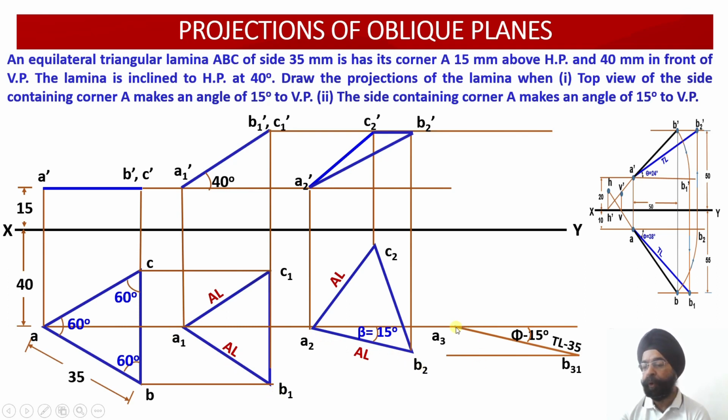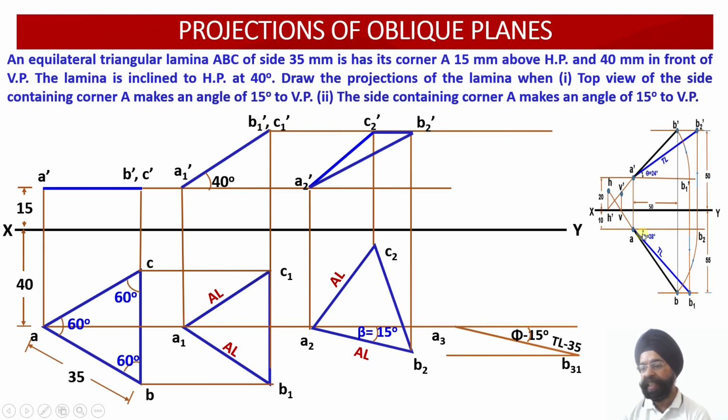So I'll put my compass over here, needle, and open the arc which is equal to A1 B1, which happens to be the apparent length of the edge of the equilateral triangle which is passing through the corner A. So through A3 I have already measured this distance, and I'll be marking it over here onto the same locus line.